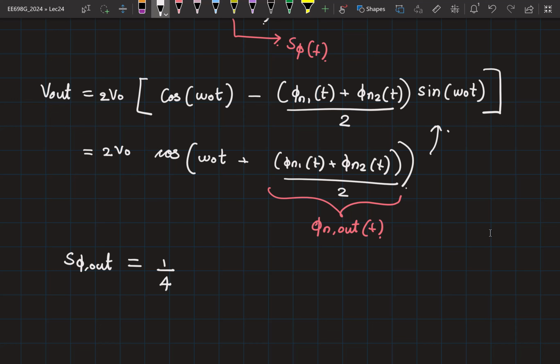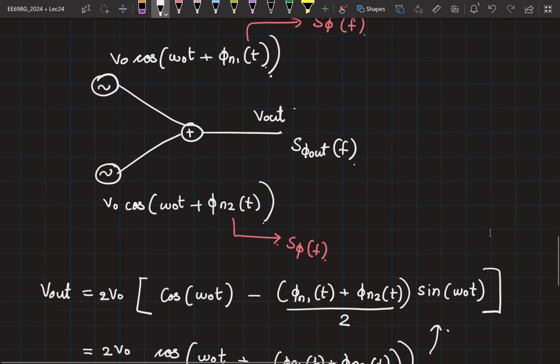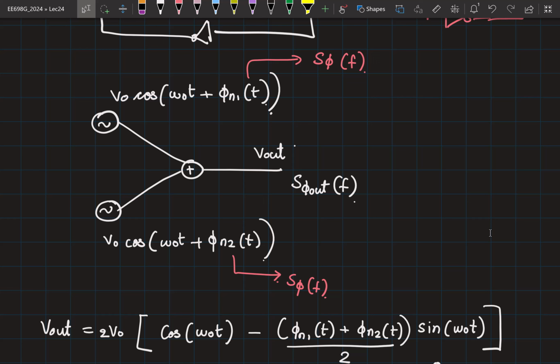So this becomes 1 by 4 into S phi of f plus S phi of f. So this simply becomes S phi of f by 2. So in adding 2 identical oscillators, you have basically burnt twice the power, and as a benefit, your phase noise is becoming half.